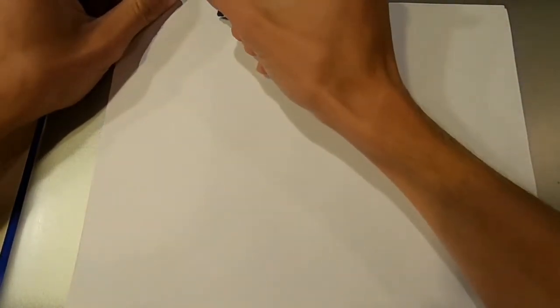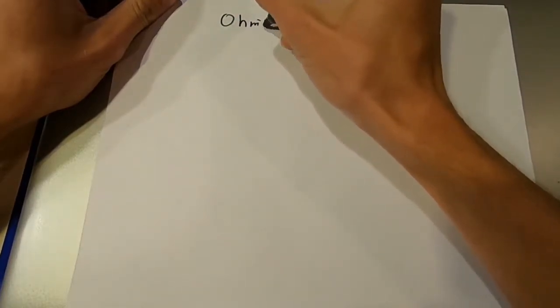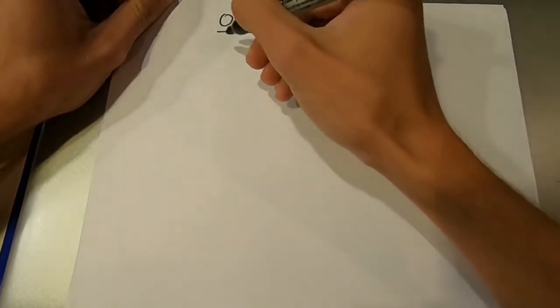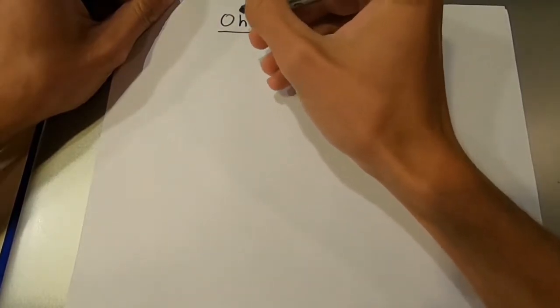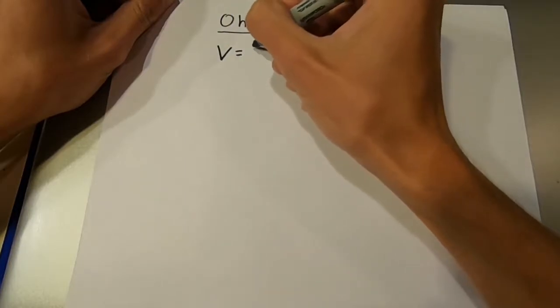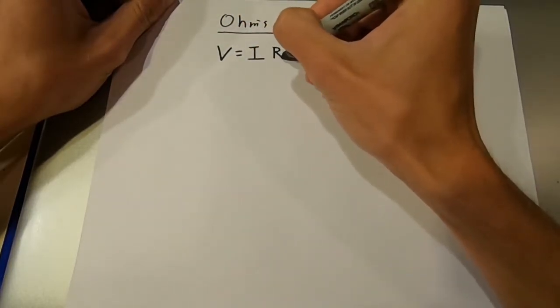Okay, so Ohm's Law. What does it state? So the basic equation that is part of Ohm's Law is voltage is going to be equal to current times resistance.